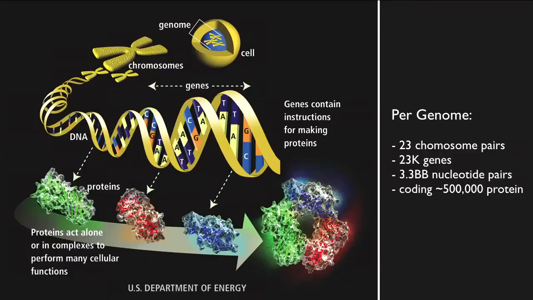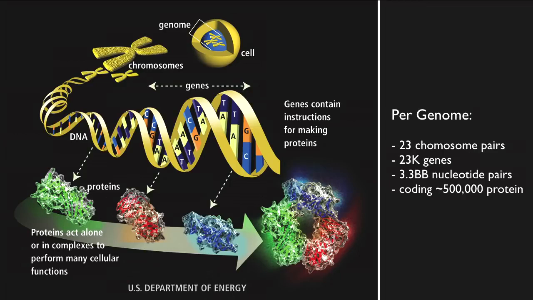So, generally speaking, the genome is a set of large molecules, DNA, and information is stored in the chemical structure of these molecules as patterns. Now, it's organized into 23 pairs of chromosomes, very grossly.